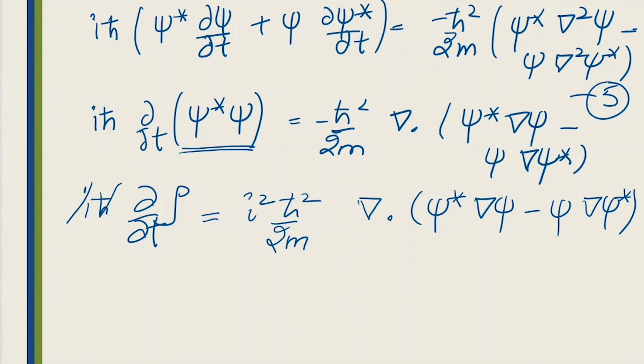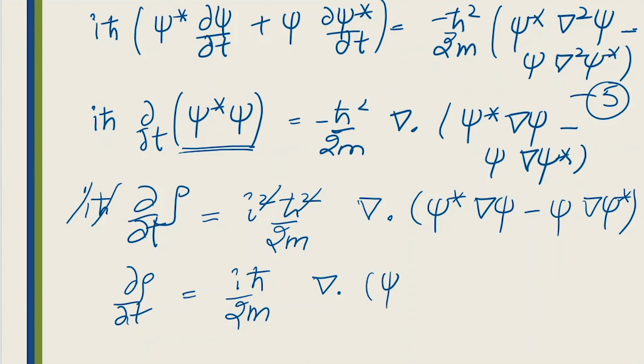So we can cancel out the powers of iota and h, and we have this expression psi star del psi minus psi del psi star.